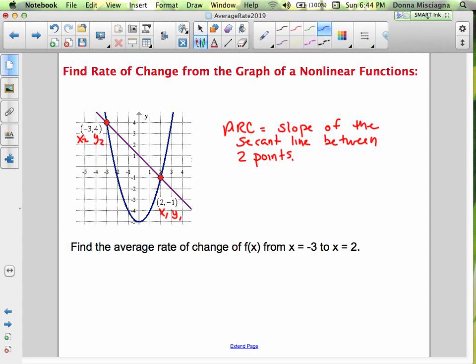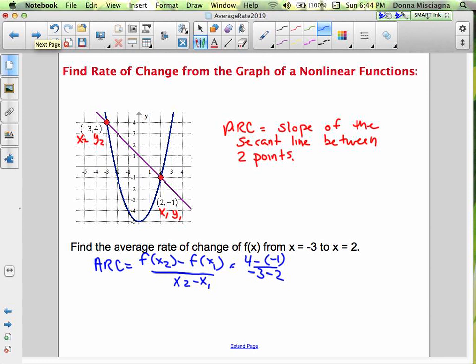All right, so average rate of change from -3 to 2. The average rate of change is f of x2 minus f of x1 divided by x2 minus x1. We're just going to go left to right. So we have 4 minus -1 divided by -3 minus 2.